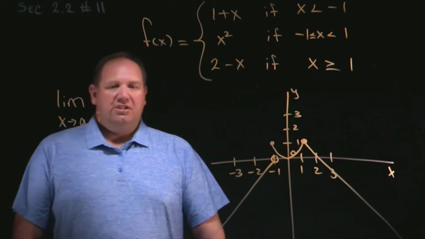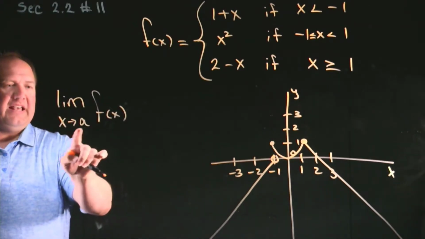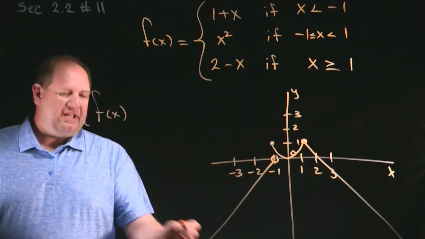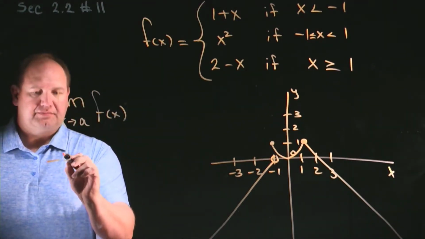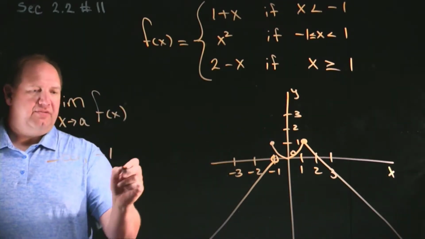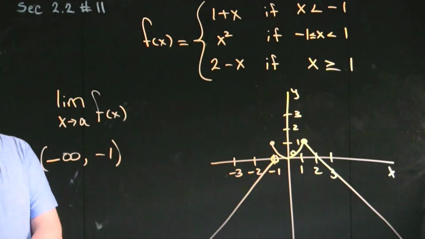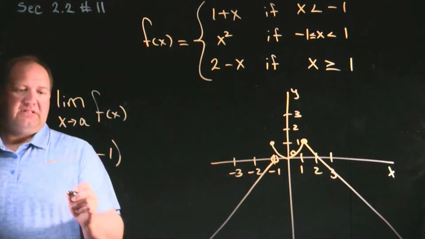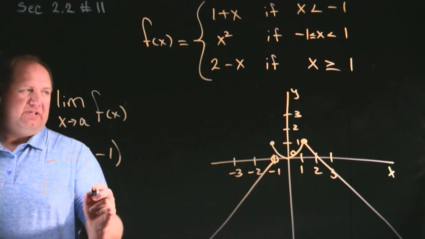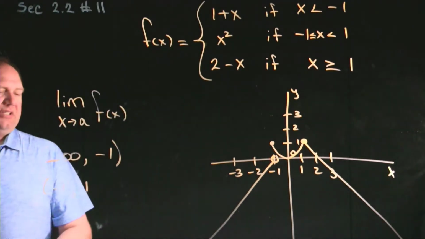Okay? So what we're really interested in then is where are the values of a that this limit exists. So for -infinity to -1, not including -1, then the limit would exist. And then again from -1, not including -1, to +1, the limit would exist.